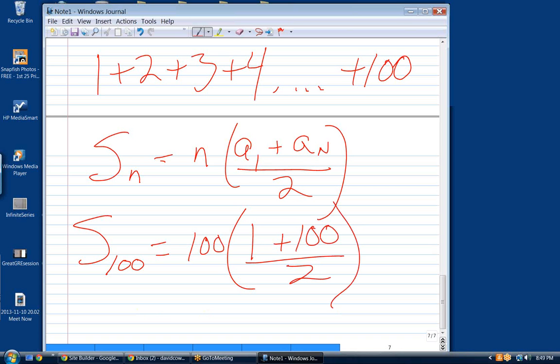Okay, so what were we trying to figure out there? The sum of all 100 numbers. In other words, what is 1 plus 2 plus 3 plus 4 up to 100? The S means the sum of that series, the sum of the first 100 terms. If I wanted the sum of the first 1,000 terms, I could get that by this same formula.